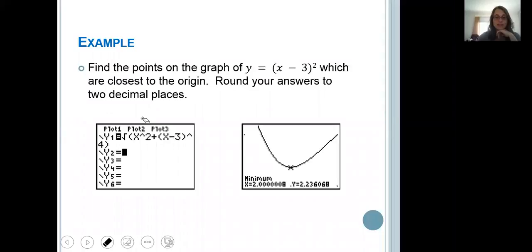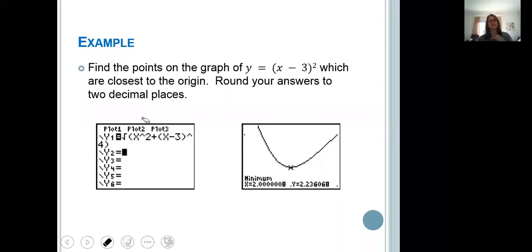All right. And here is another one for you. Find all of the points on the graph which are closest to the origin. That means where y equals 0. So you're looking for places where y equals 0. And you may have to round your answers.